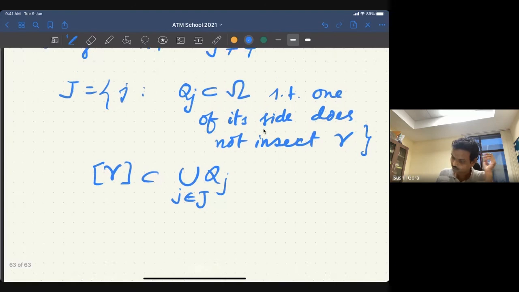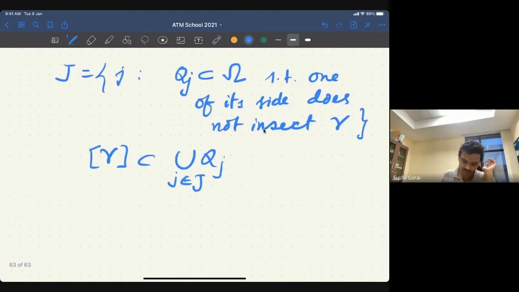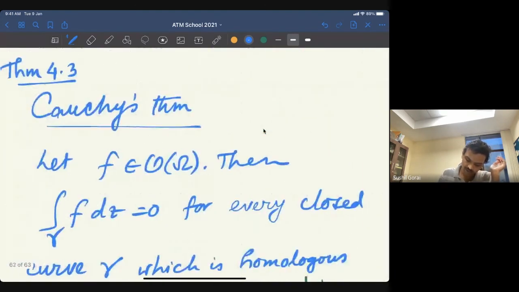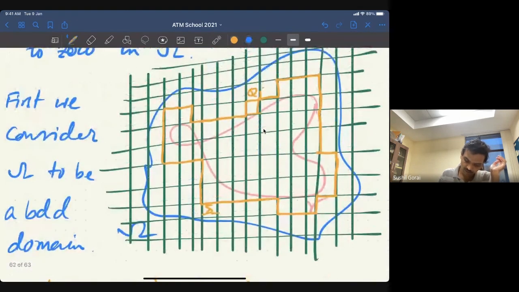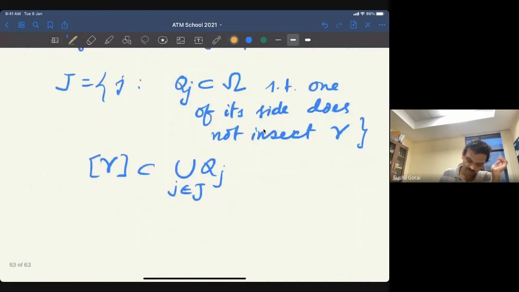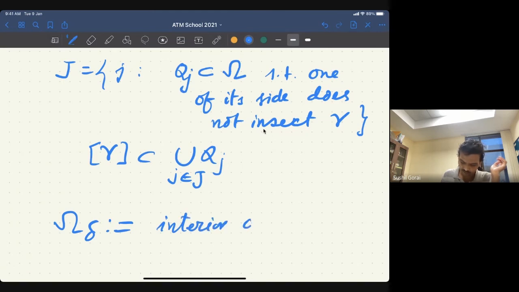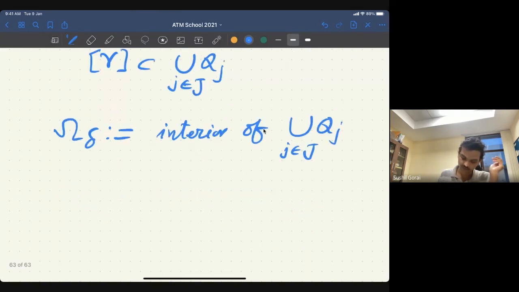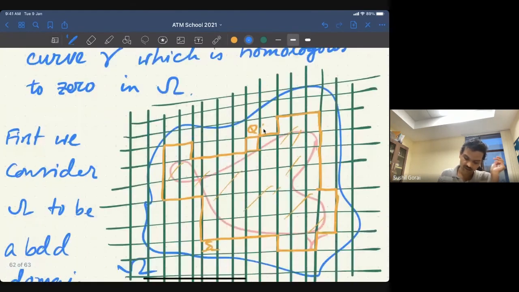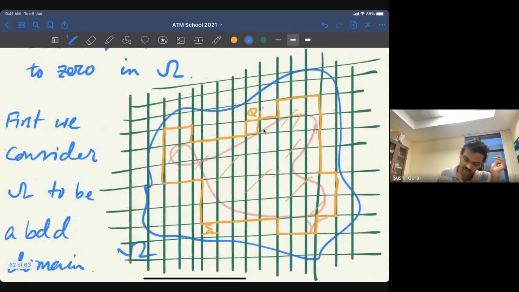Okay, this is fine. Now you call this whole domain, the interior of this one, omega delta. So omega delta is by definition the interior of the union of Qj, j belongs to J. So you see here we have chosen it depending on gamma.